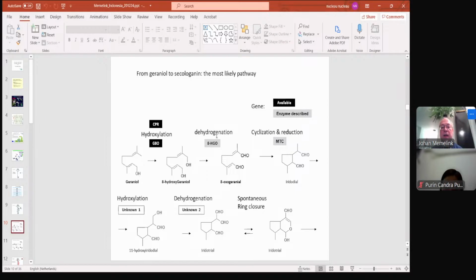These are conserved proteins, which in principle you can recognize in a DNA database. The next step, indicated by MTC, is a cyclization reduction enzyme. And then the next, unknown step is a hydroxylation, so you know that you're looking for an oxidase enzyme. Looking at these chemical conversions gives you an idea what type of enzyme you are looking for.